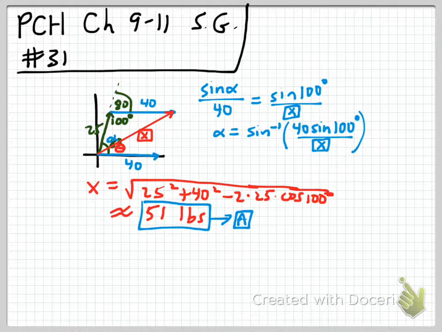And so alpha is approximately 29 degrees.